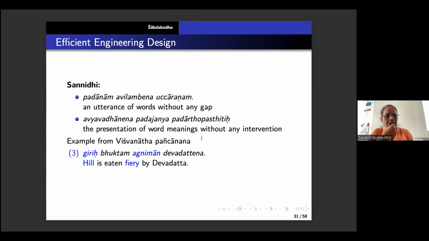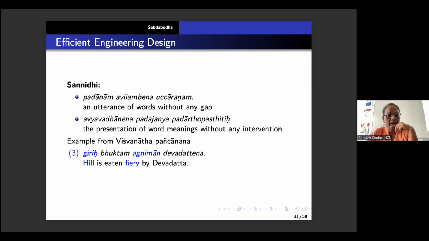The third factor, which was essential in understanding the sentences, is sannidhi. Sannidhi means proximity. Now, proximity is defined in various ways, but here I'm taking an example which was given by Vishwanath Panchanana. The sentence he discusses under the topic proximity is Girihi Bhuktam Agniman Devadattena.